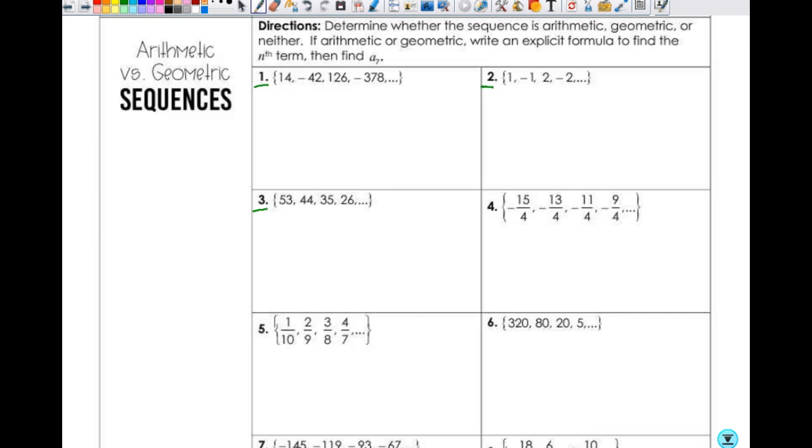You look in your notes. That's what you're supposed to know already. We just did this stuff. How do you identify what makes it an arithmetic or geometric sequence?